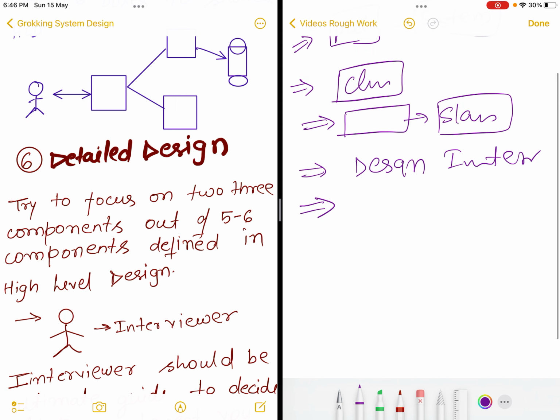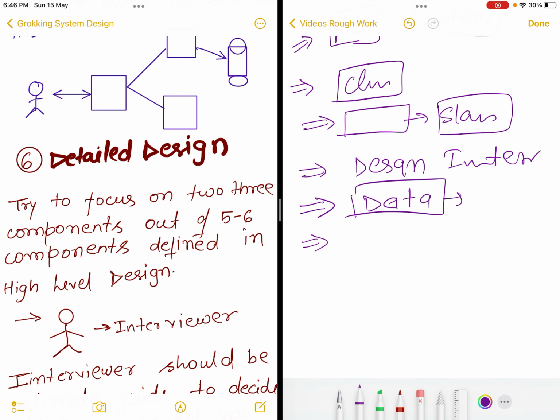Then we have done our data entity module where we have defined all the data entities, like what all the data will be stored in the entities. You can see all that information in the previous lectures.